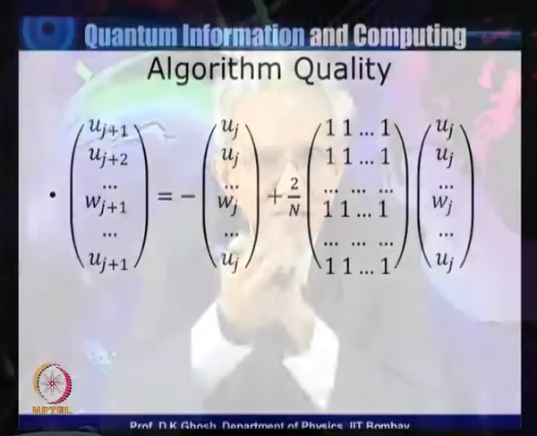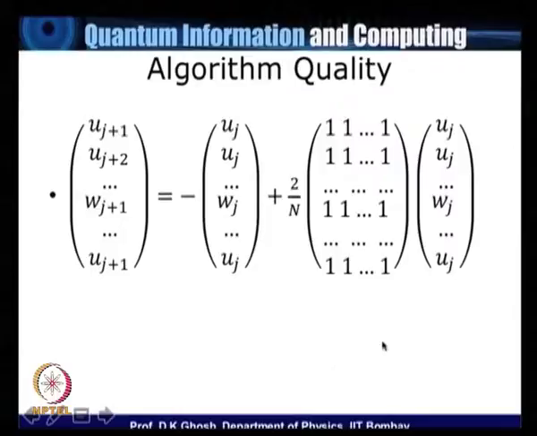Take the definition of D and apply it on this vector. Now, this is a vector which is the state of the system after the jth iteration, and so after the jth iteration, this is minus I plus 2 by n J active. This is a straightforward addition here, because each element is 1, so the matrix multiplication is easy.